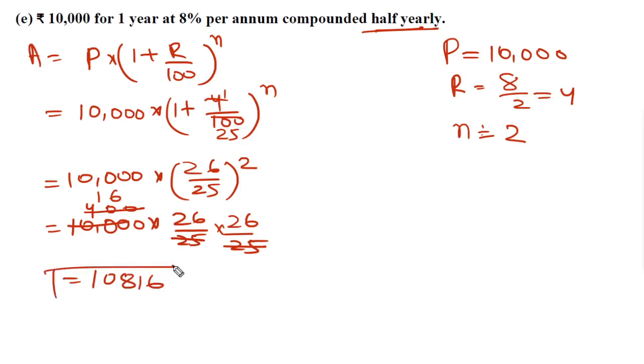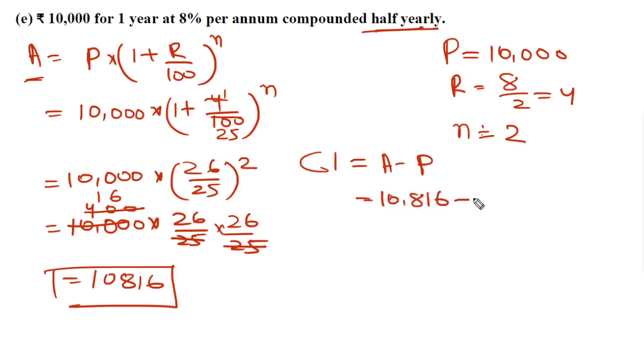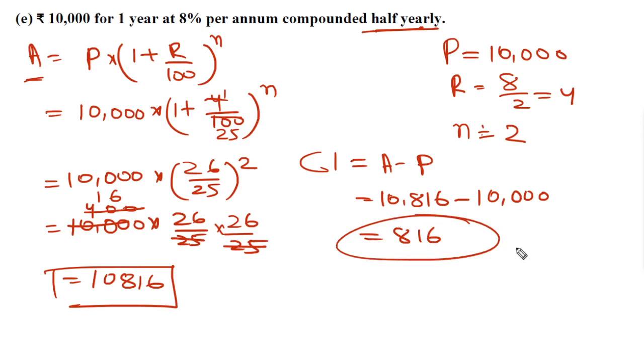So this is your amount. Now we have to find compound interest. CI is equal to A minus P. So it is 10,816 minus 10,000. Then it will be equal to 816. So this is your compound interest and this is your amount. So now we'll move to the next one.